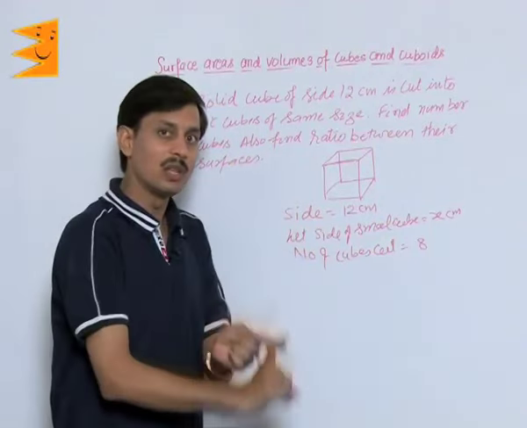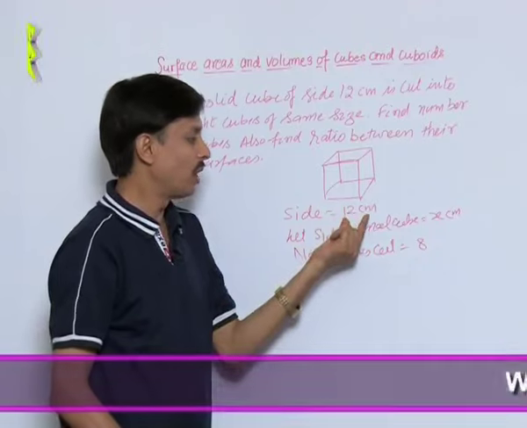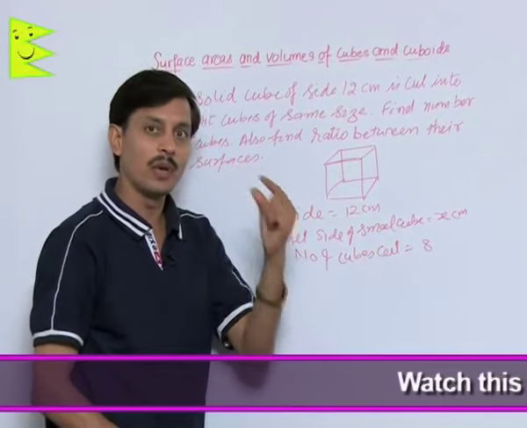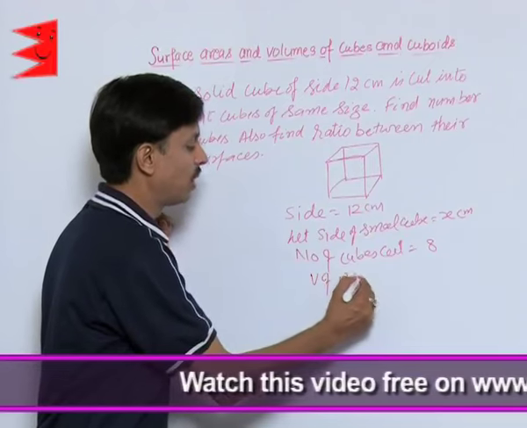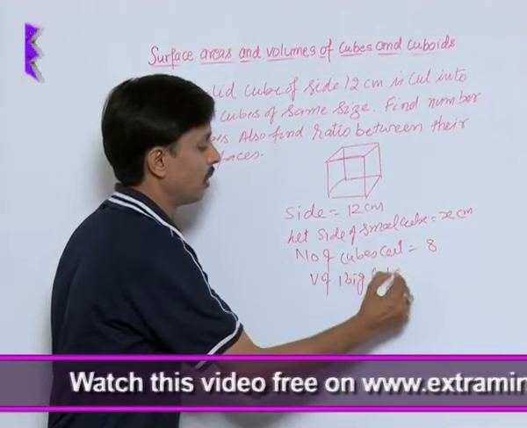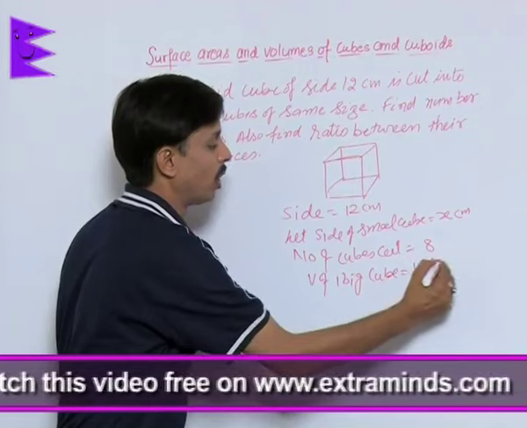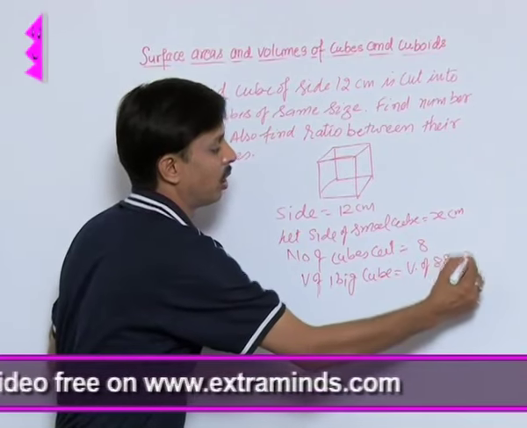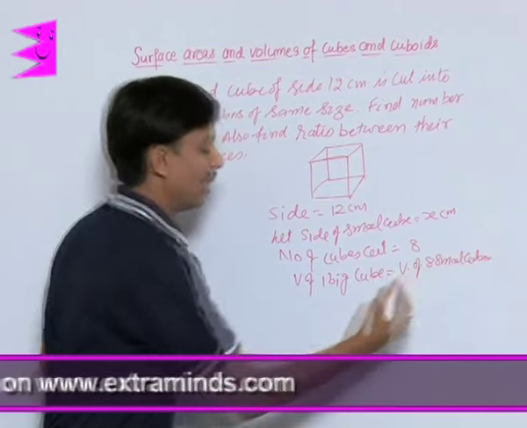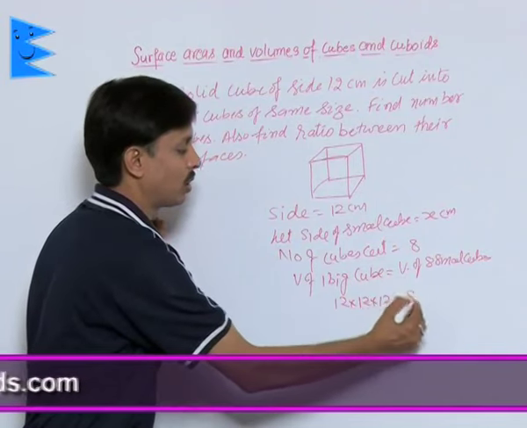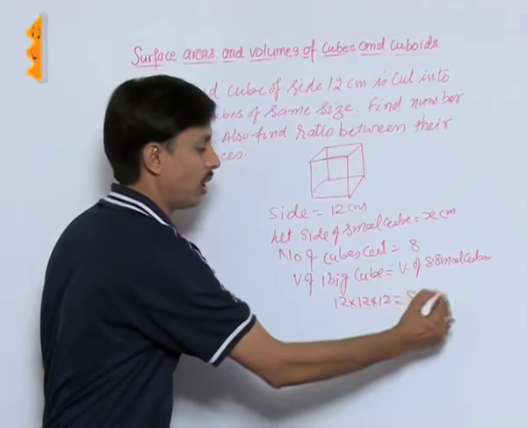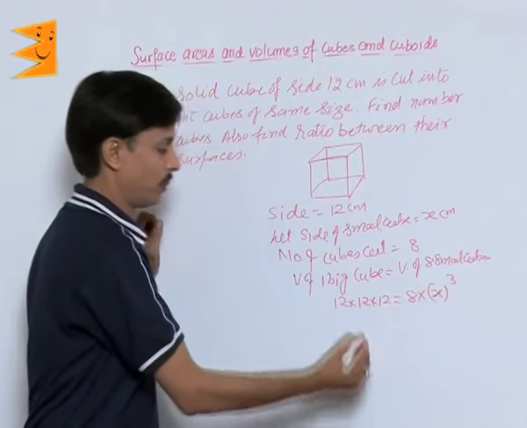So one thing will be the same: volume of the big cube will be equal to volume of 8 small cubes. One big cube is 12 into 12 into 12, equals 8 into x cube.